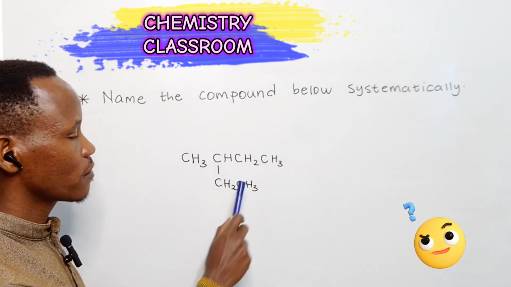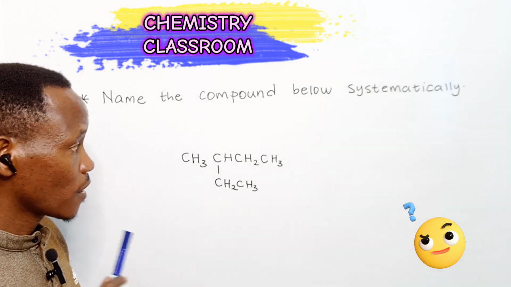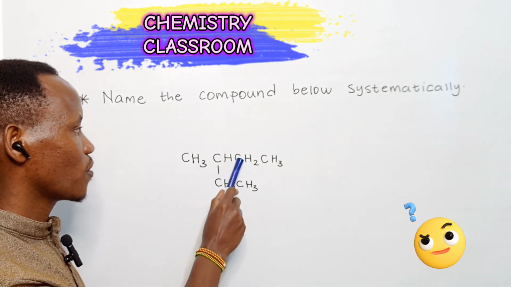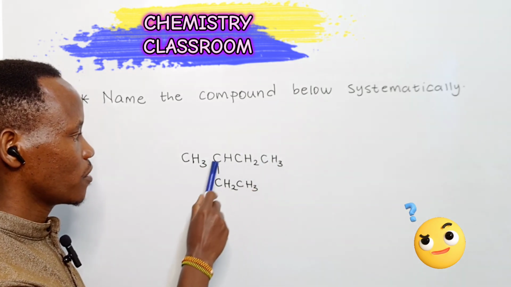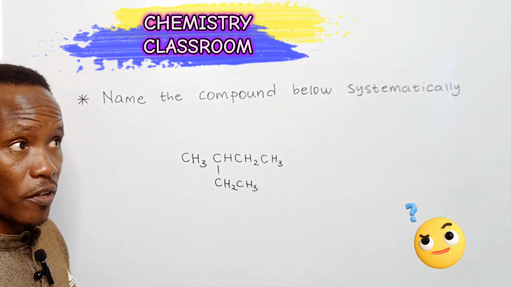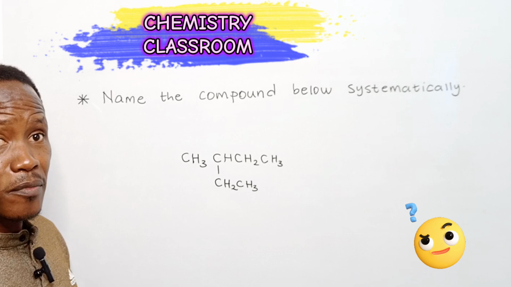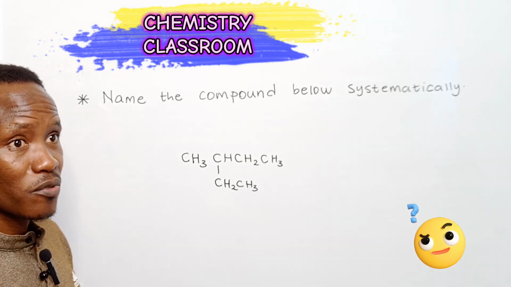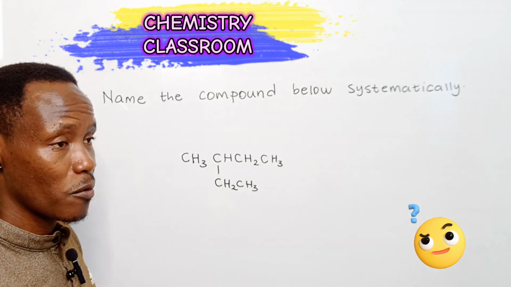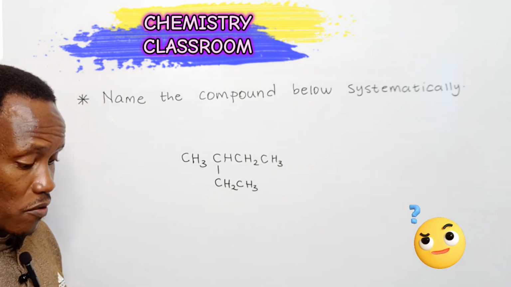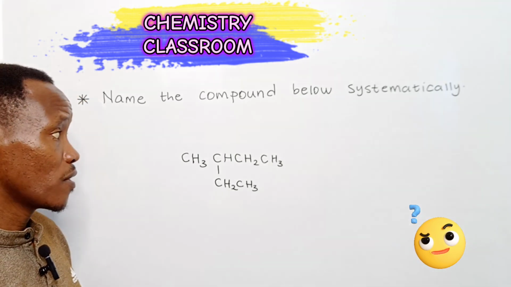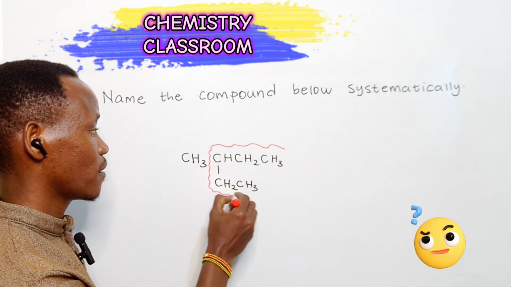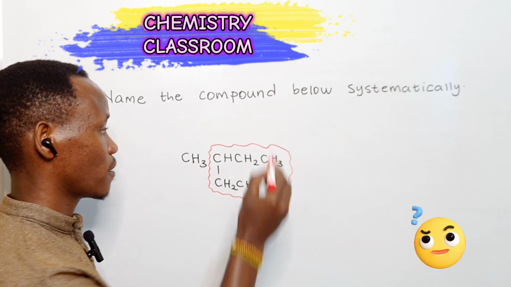Still coming like this gives us 4 carbon atoms. 1, 2, 3, 4, 5. Coming like this gives us 5 carbon atoms. From the description of the parent chain, we should choose the longest, the one having the highest number of carbon atoms. Therefore, as encircled in red, this is our parent chain.